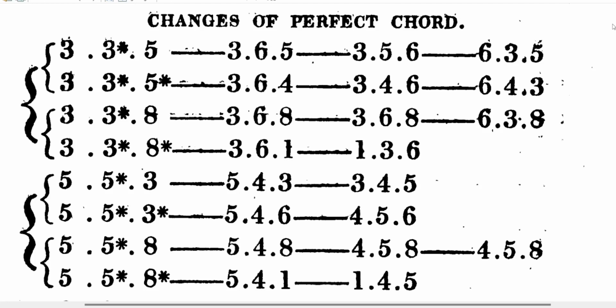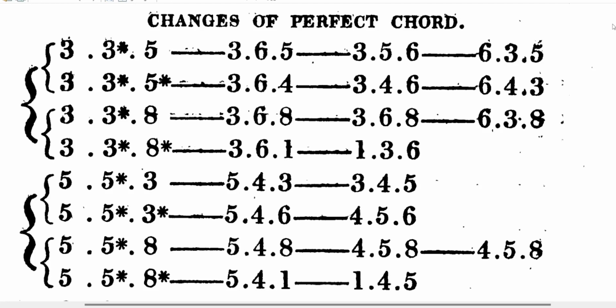So, changes of perfect chord. 3, counting forwards, 3, counting backwards, and 5, counting forwards, giving us 3, 6, 5. This is the chord.